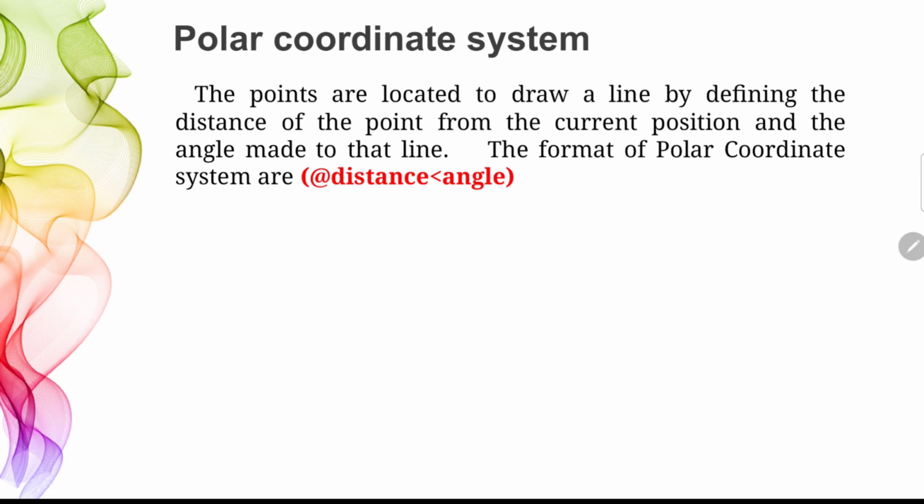Already we know the axes. We have discussed the x and y axes, plus and minus. So this is called the coordinate system. But in the polar coordinate system we use the angle.